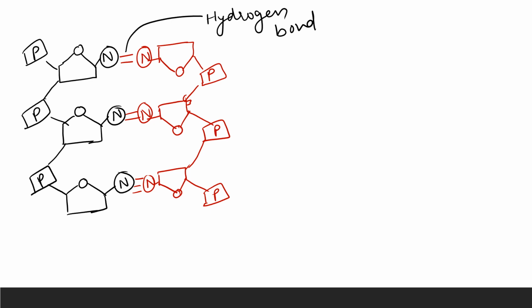So now we are going to understand the last thing of this topic, that is the DNA double helix structure. Now we need to understand what is helix. I hope you can imagine now what I'm trying to say.